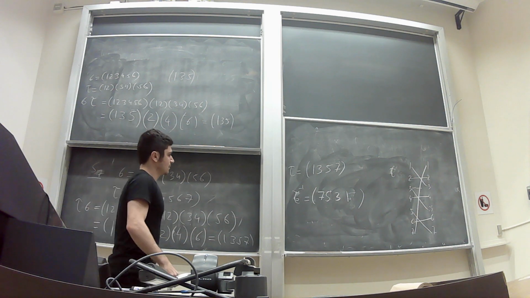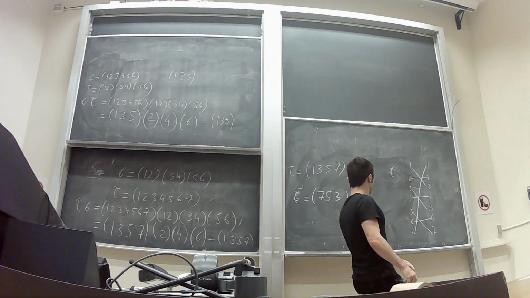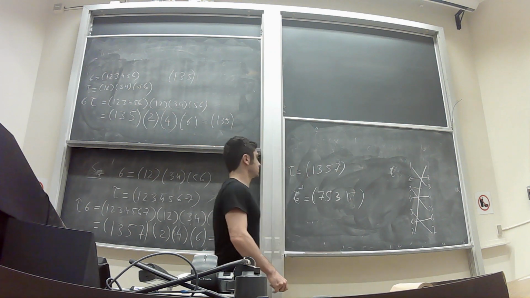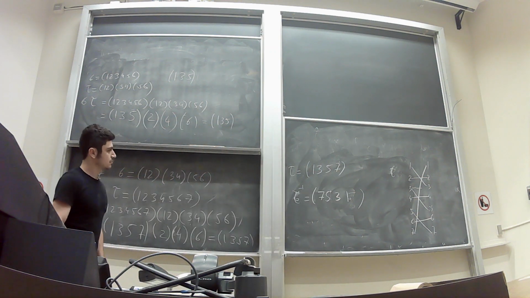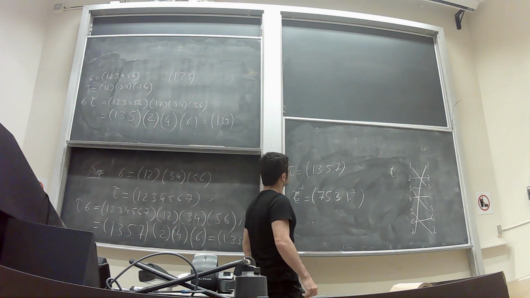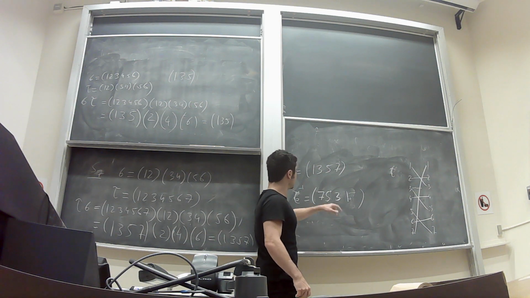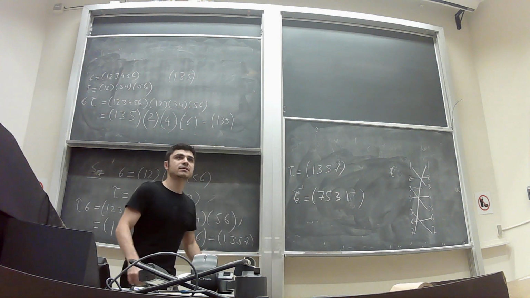Tau inverse of 5 is 3. Tau inverse of 3 is 1. Okay? 7, 5, 3. Are we good here? Is it clear why this notation is better?